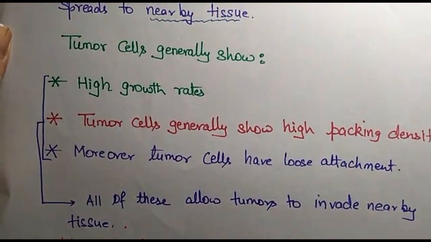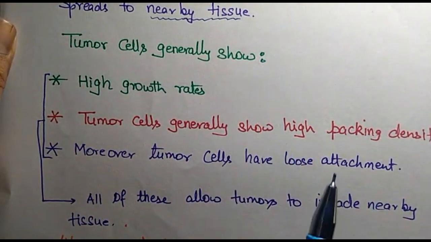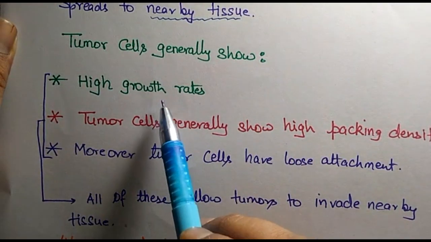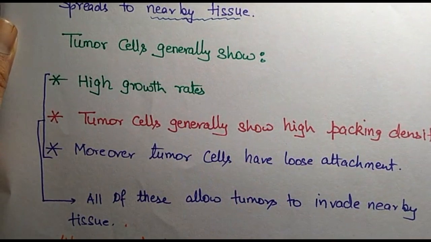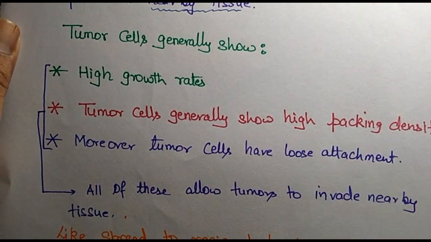If you look at the properties, some of the properties which the tumor cells generally show is that they have very high growth rates. If you compare a tumor cell to a normal cell, the growth rate of the tumor is very high. The second thing is tumors show very high packing densities.